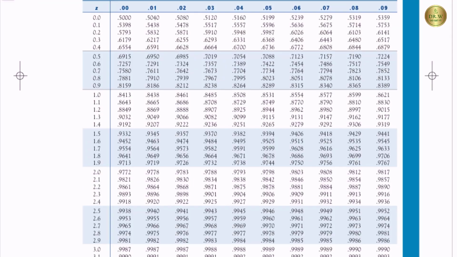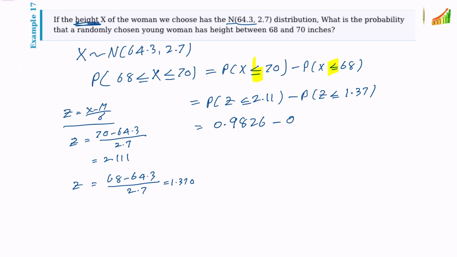So 1.37, this is 1.3, this is 7. So the number is 0.9147. So the answer is 0.9826 minus 0.9147, that is 0.0679. That is the probability between 68 and 70.